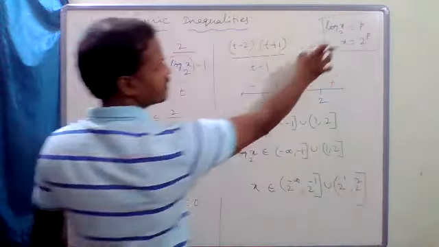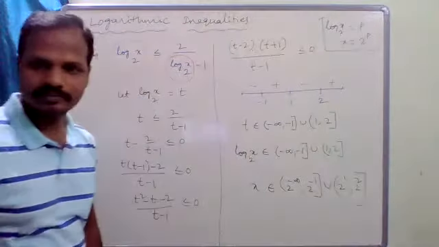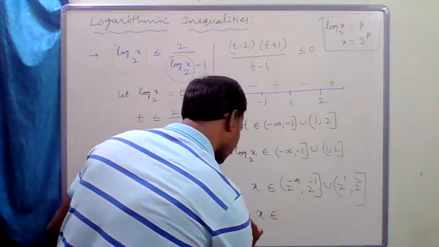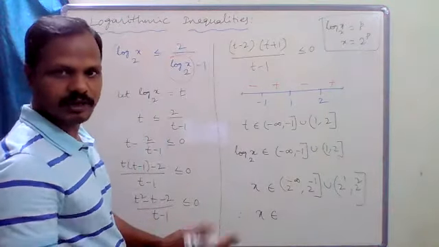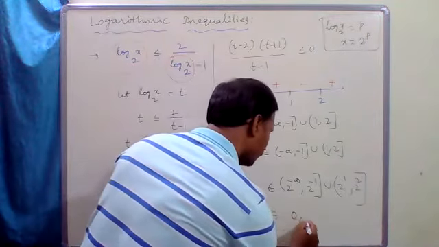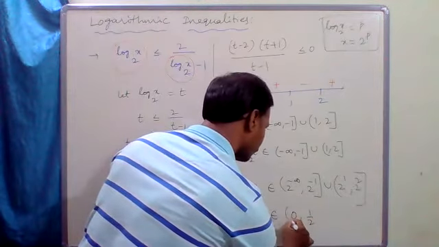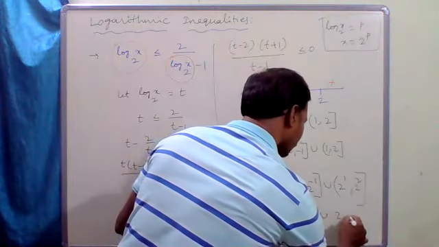Yes or no? Log x base 2 equal to p, x equal 2 power p. Now, x belongs to 2 power minus infinity, which is 1 by 2 power infinity, 1 by infinity is 0. This is 0. This is 1 by 2 union 2 comma 4.